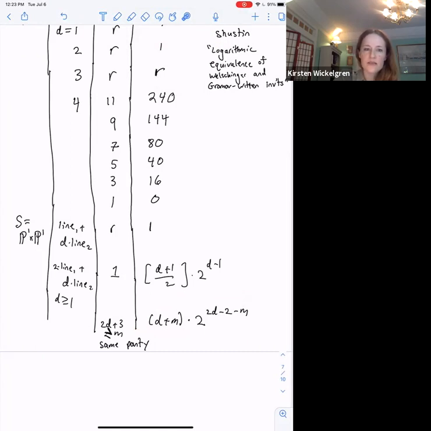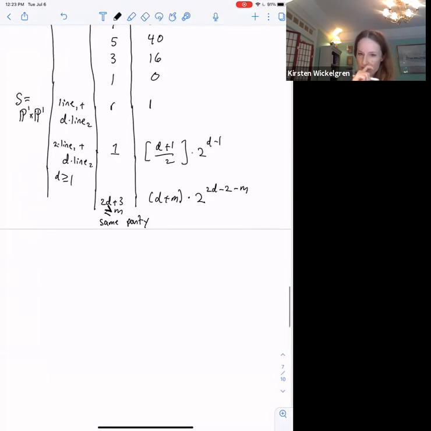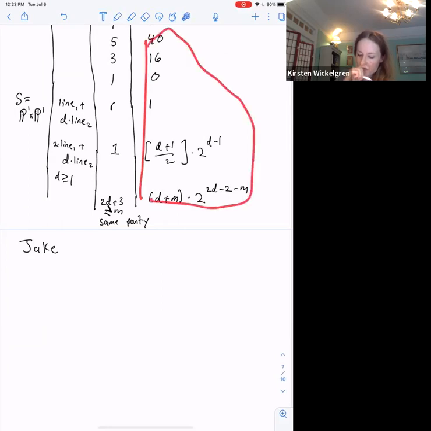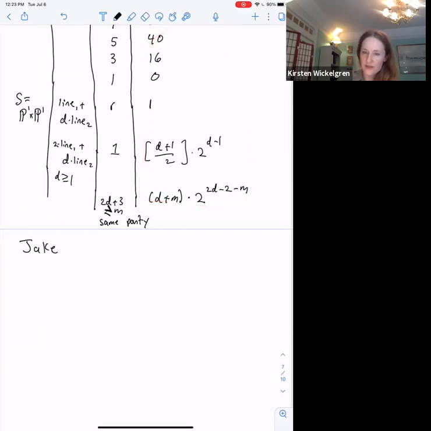And Jake Solomon in his thesis work gives a recursive formula for surfaces under quite general hypotheses, and showed that this determined all the invariants, all of these Welschinger invariants for P2.